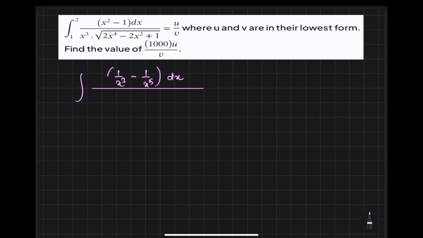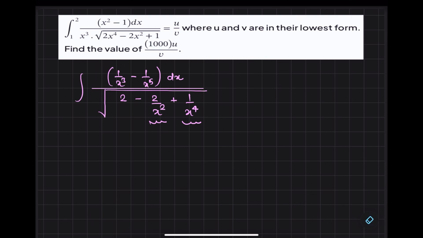Now let's do the simplification of the denominator part. So you will have 2 minus 2 by x power 2 plus 1 by x power 4. This is with root. And if you observe this thing, if you take this thing as z, 100% the denominator power will get increased.